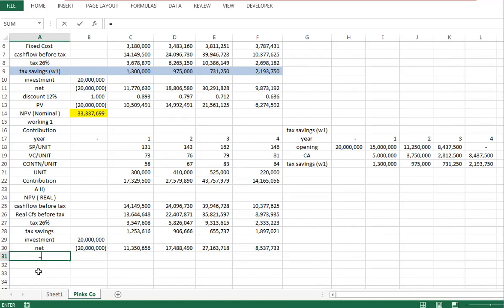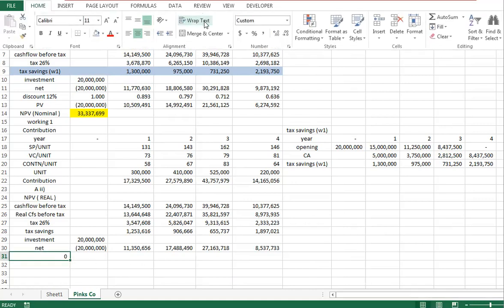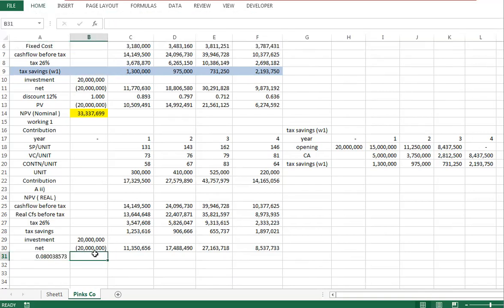So I'll say 1 plus the money discount rate, 1 plus 12%, divided by 1 plus the inflation rate, so 1.037, close the bracket, minus 1, which is going to give us this long figure. Once again, we could have taken simply 8%, but we actually want to take this whole figure, right?